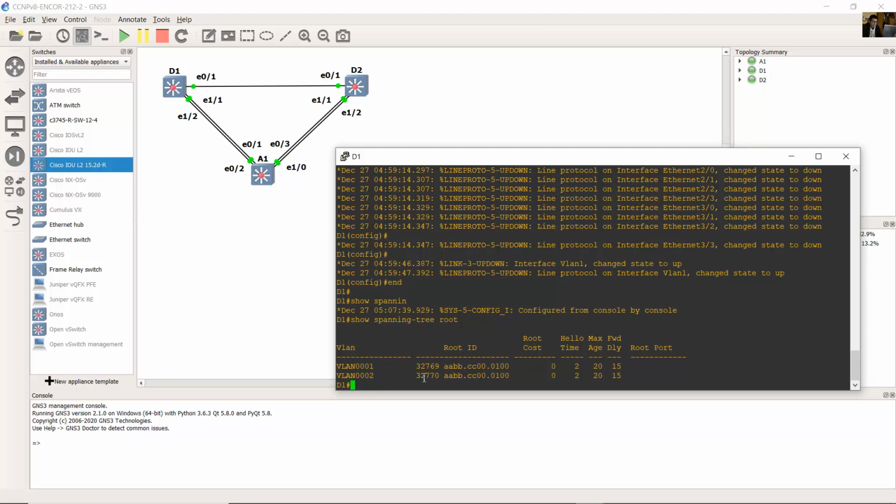And for VLAN 2 the default is 32,768 plus 2, which is 32,770. Okay, this is the root ID: the priority, the VLAN, and the MAC address. Root cost 0. And no root port, so D1 is the root bridge.